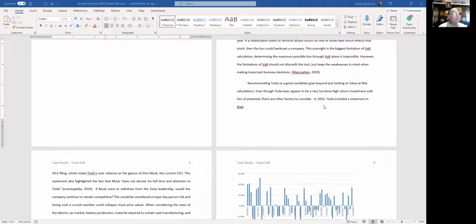And so he went in and explained, well, you can do that, but there are other factors to consider. But based on the parameters you gave me, the value at risk says yes or no. So it's okay to put caveats, and it does show that you understand that it's not an absolute answer. It is only one piece of the decision process, but that's all Mr. Young asked for.